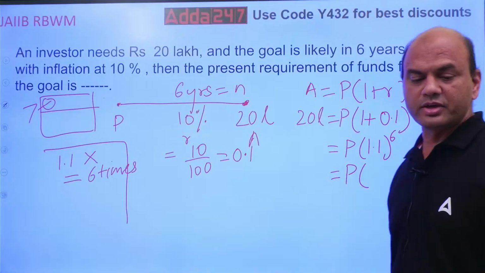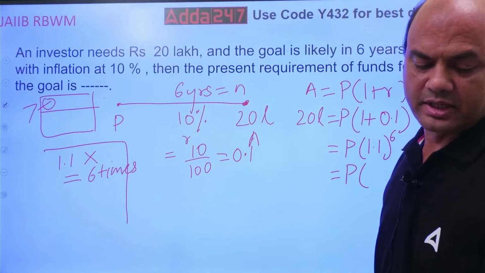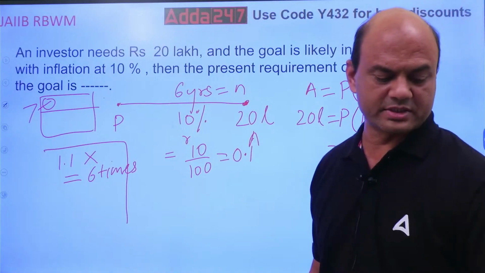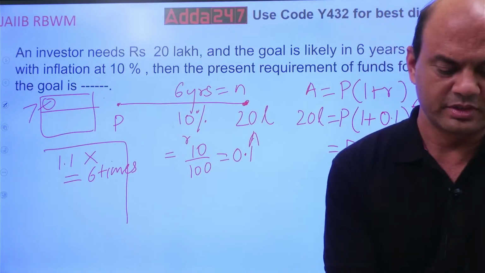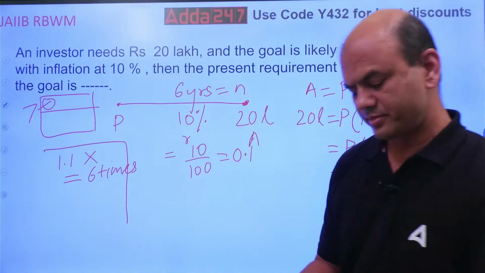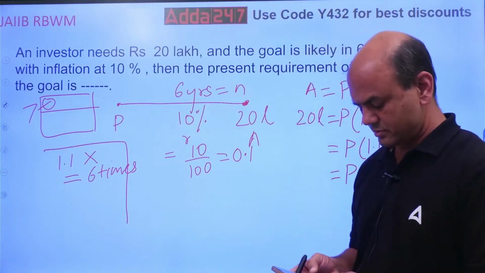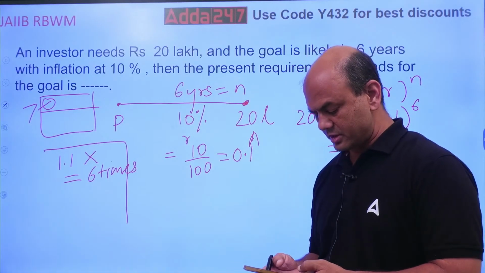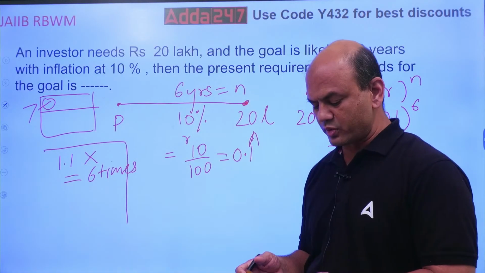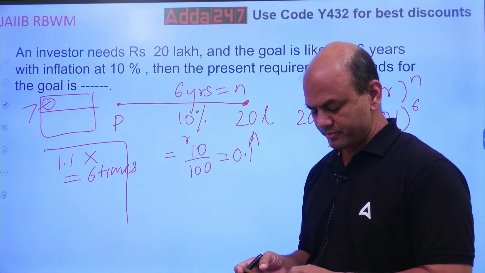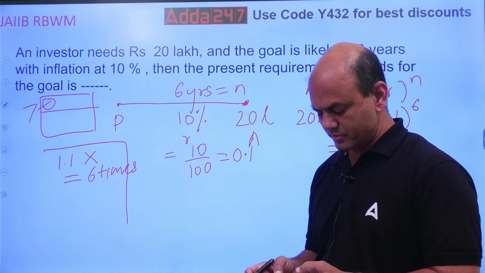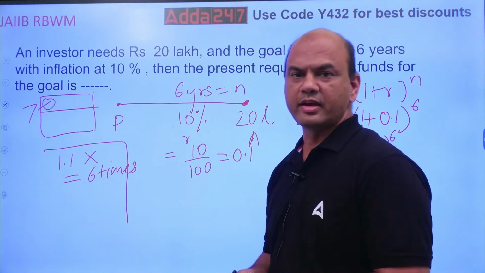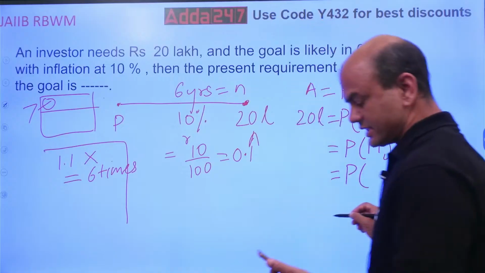So solve this. What is 1.1 raised to 6? Give me fast. Let me also try it. 1.1 raised to 6, into, equal to... I am getting 1.77.